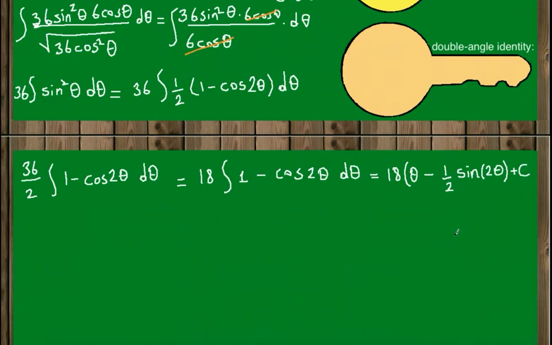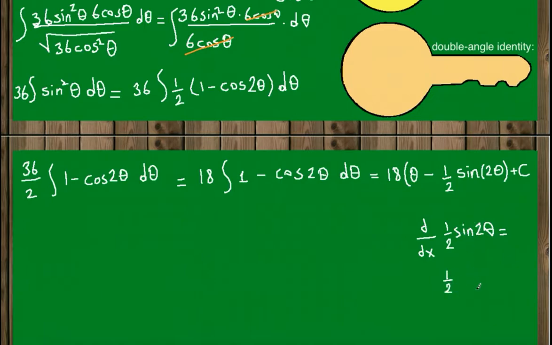You can also test out 1/2 times sine 2 theta. If you take the derivative of 1/2 sine 2 theta, it has to give you back cosine of 2 theta. So let's take the derivative. 1/2 is the constant in front.